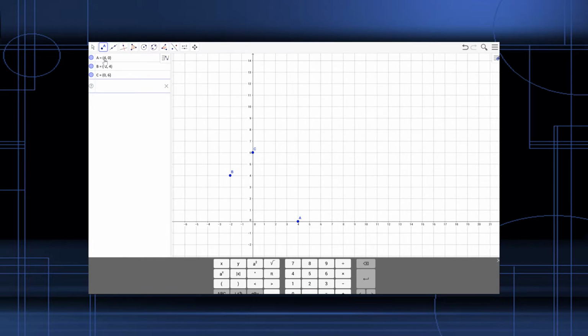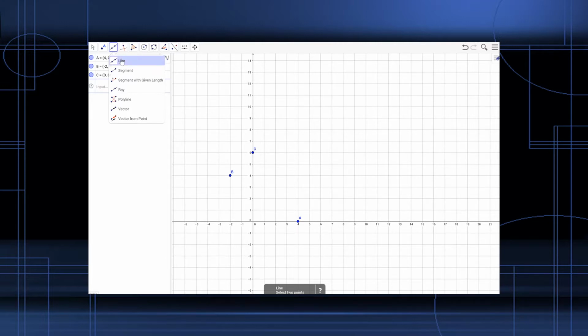I've got those. Now, in the past, I've always drawn those with segments and connected it. But because the orthocenter might be in the interior or the exterior or actually on the line, rather than using the segment tool, I'm going to use the line tool to connect these points.